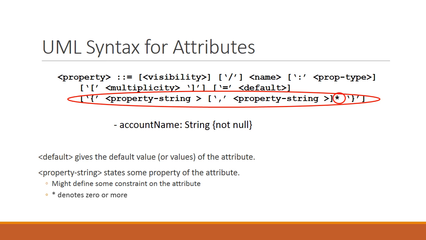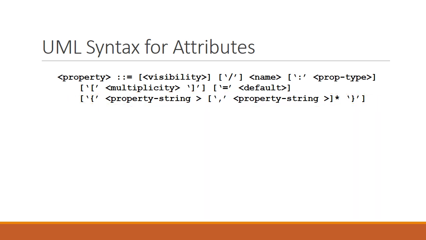So suppose I want to add yet another property string to account name, and I might do it like this. So this says that an account name is a string, it may not be null, and it must have at least 8 characters. And there you have it. That is the entire UML syntax for attributes.